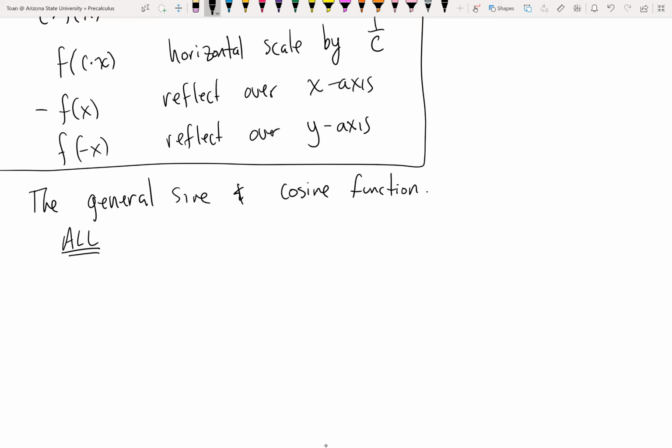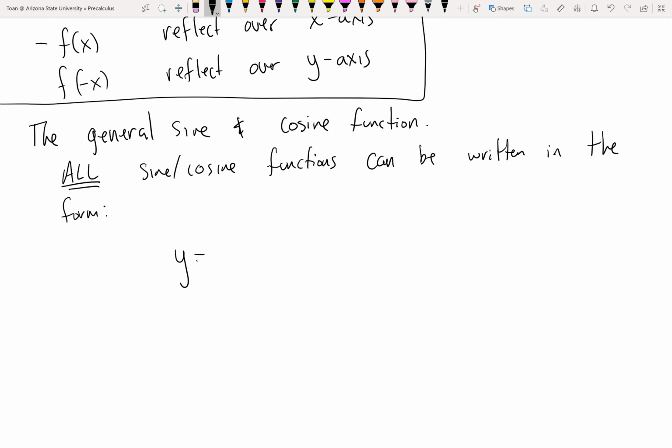So the idea is that all sine and cosine functions can be written in the form y = a sin(b(x - c)) + d.